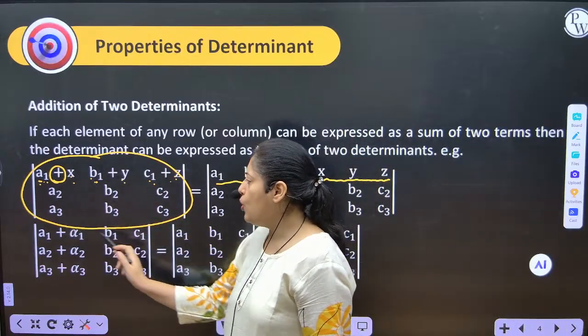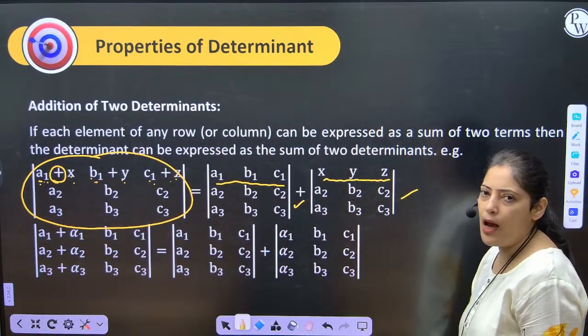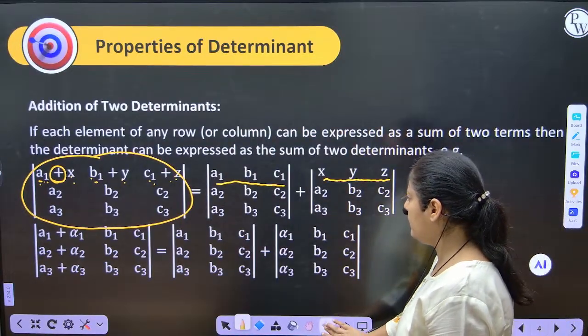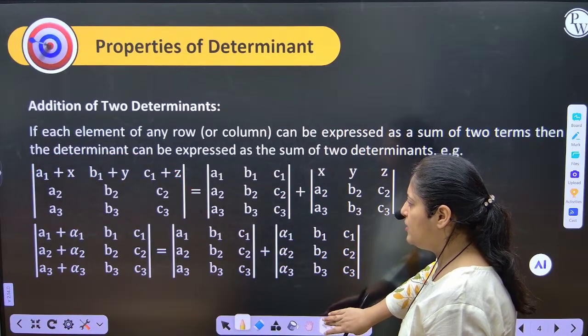The remaining two rows will be there in both the determinants. I hope my wordings are clear to everyone. Just do one thing, write till here, only the first step I am saying.